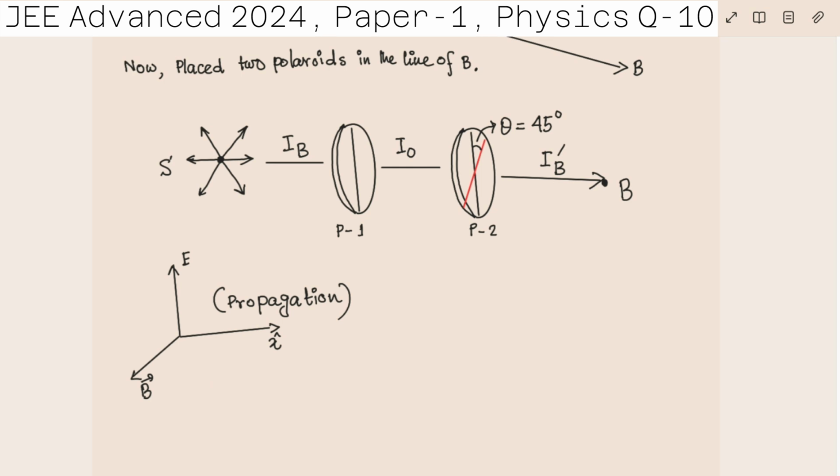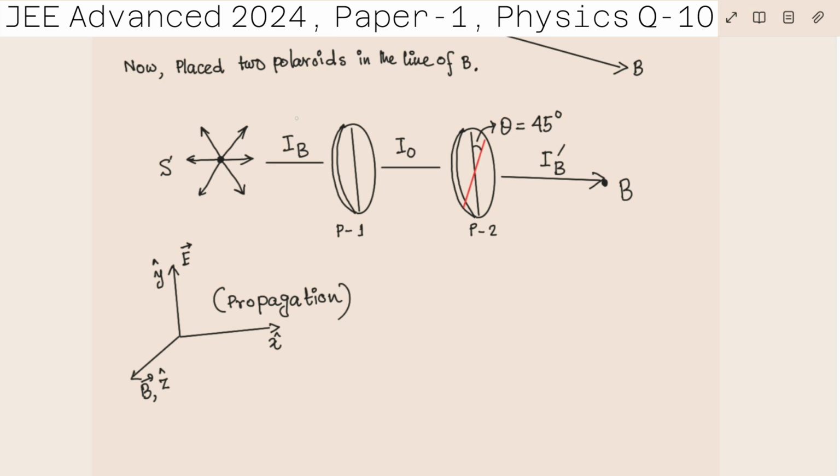The electric field we wrote along the y-axis is for light polarized along the y-axis. However, for unpolarized light, the electric field can polarize in any direction in the yz plane. Once you pass this unpolarized light through the polarizer, it determines the axis of polarization.